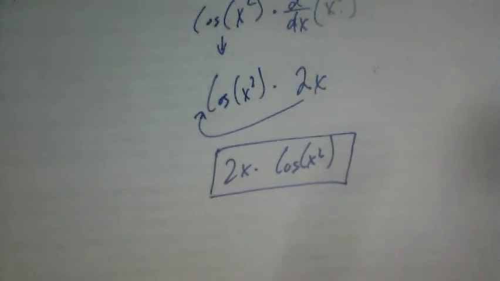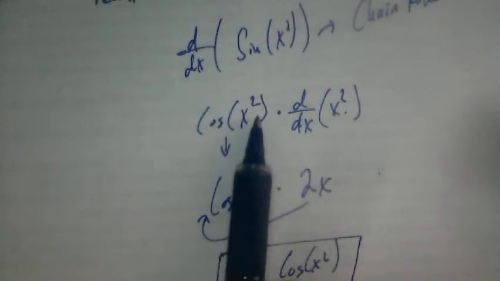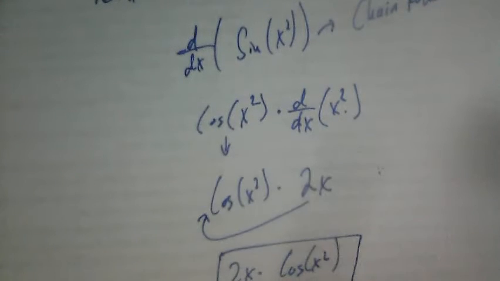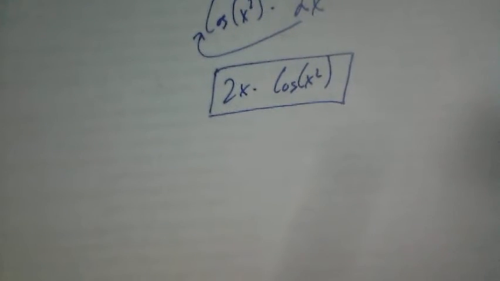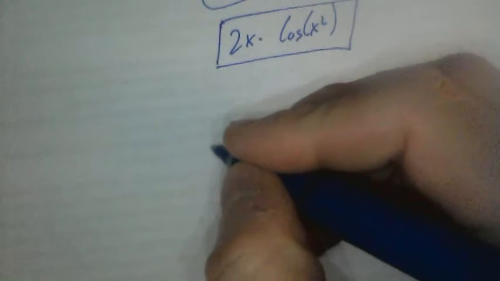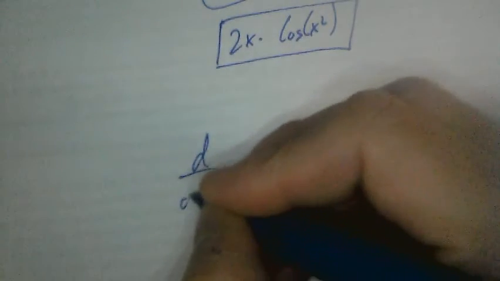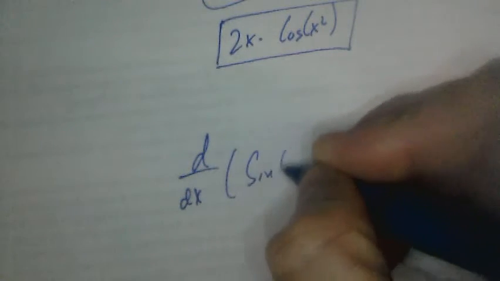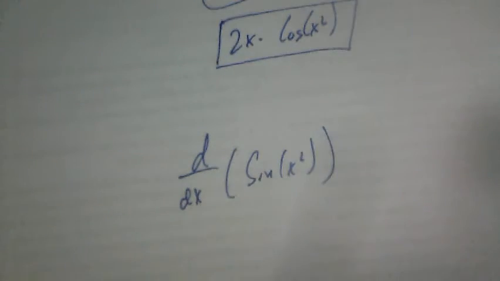So notice we didn't use any kind of substitution here, but we can. So I'm going to do this same problem now, but this time with a U substitution. So what I'm going to do is change this problem over here, and instead of x squared, I'm going to call it something else. So what about if we look at the derivative of sine of x squared here, and let's just say you didn't know how to solve it and you were confused.